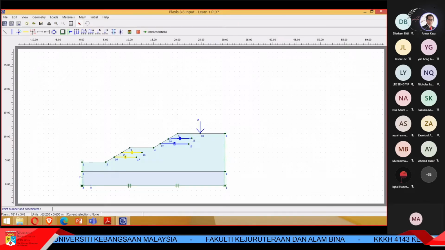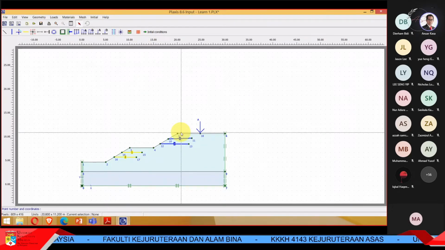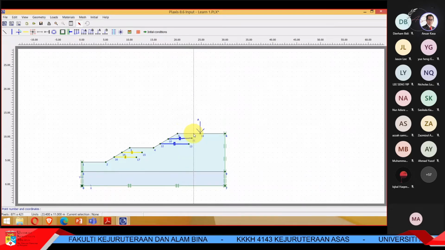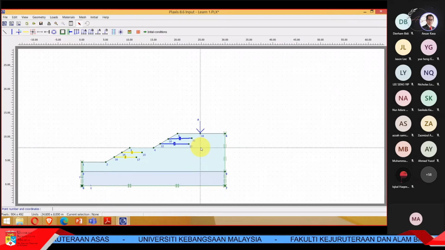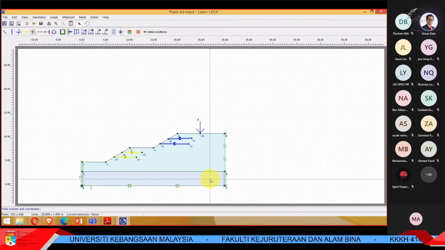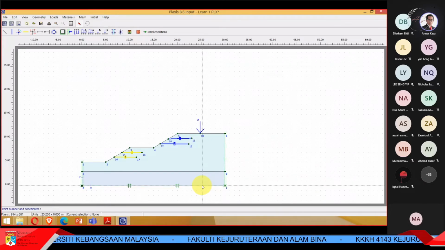I'll show you. Like this one. What is the stress here? For example, about 12 meter height. We have 12 minus, I don't know, about 3 meter, and then times the unit weight they are using here, plus this height times the unit weight they are putting in the material properties, and then you get the stress.